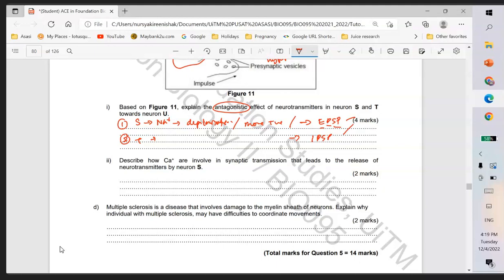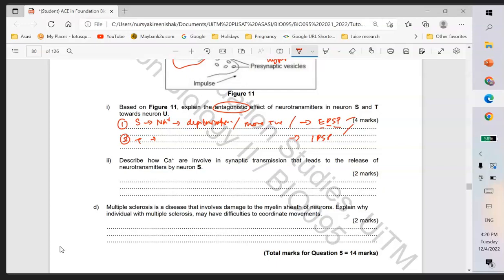Point number 2, Ca2+ ions enter the neuron through voltage-gated channels, triggering the influx of calcium ions. And the final point, the high Ca2+ concentration will cause the vesicle to fuse with the presynaptic membrane, which will trigger the release of neurotransmitter.